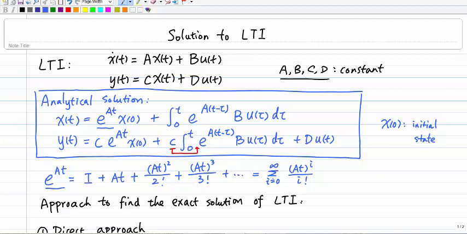You can write this as the summation from 0 to infinity of (At) to the i-th power divided by i factorial. This is the same as e to the t in a general scalar case, except here it is A times t, and A is a matrix.